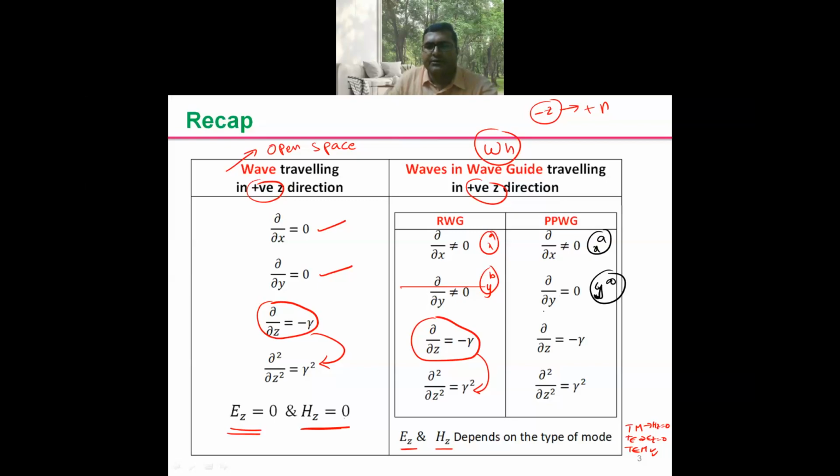For that reason, we consider ∂/∂y equal to 0, and the wave propagation is along positive z direction. ∂/∂z is equal to minus gamma, and ∂²/∂z² is equal to gamma square. Kindly refer to the notation for wave propagation in open space and wave propagation in rectangular and parallel plane waveguide.